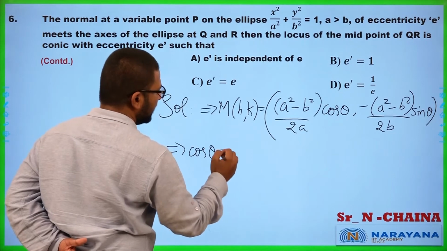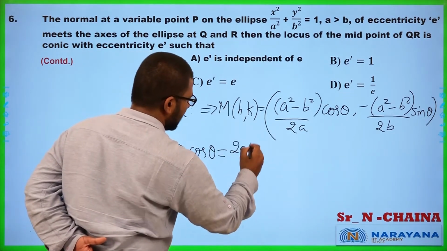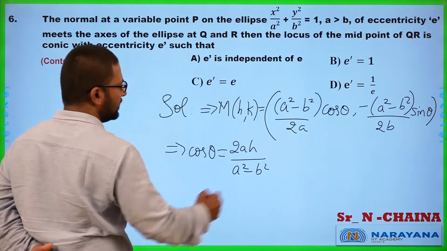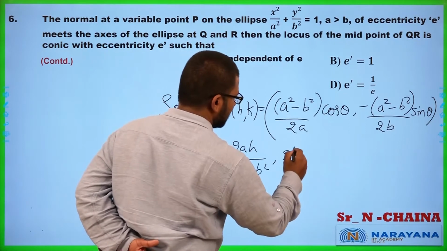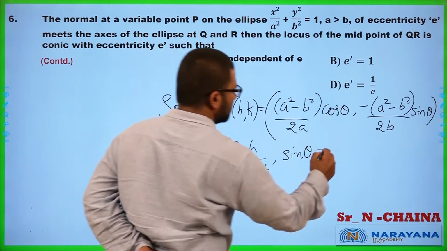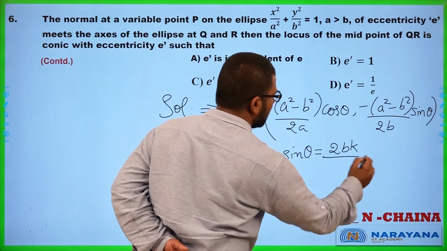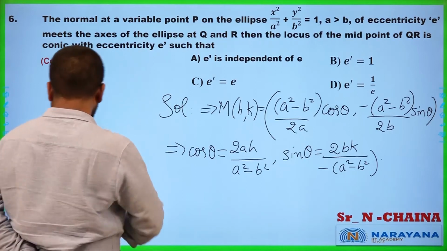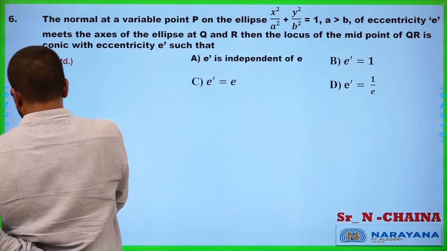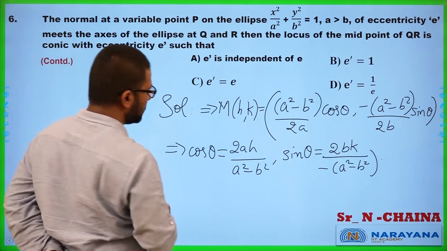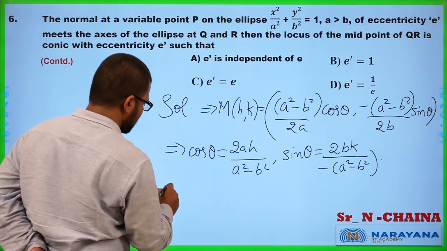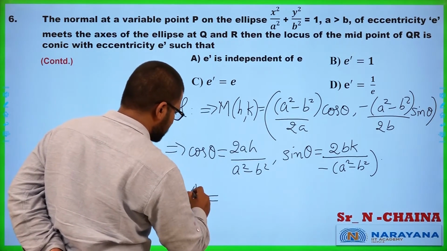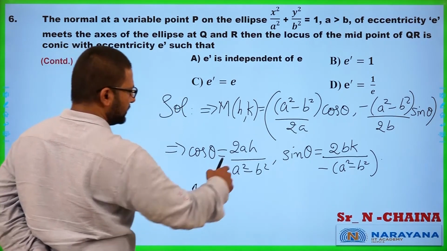Cos theta is, bring this here, 2ah upon a square minus b square, and sin theta would be 2bk upon minus of a square minus b square, correct? And we need to find its locus and its eccentricity, correct? So squaring and adding, we know squaring and adding, so 1 equal to, yes, square this.